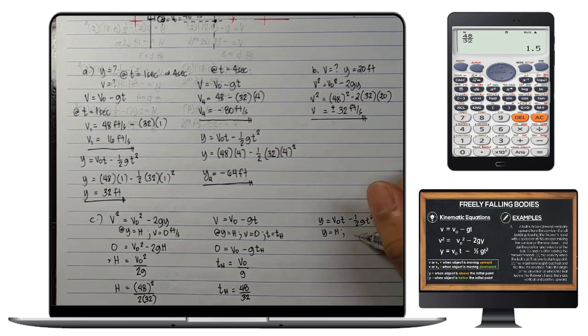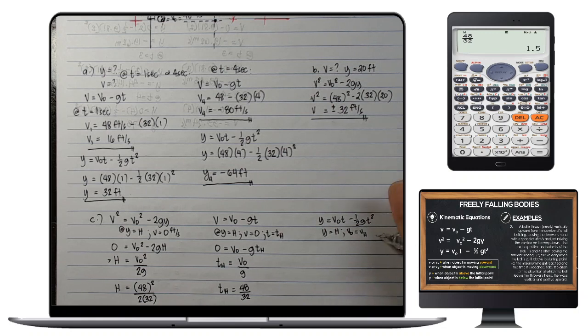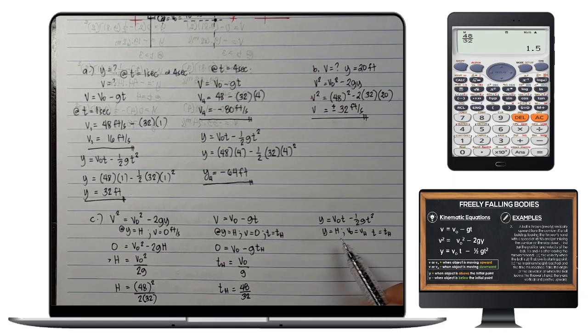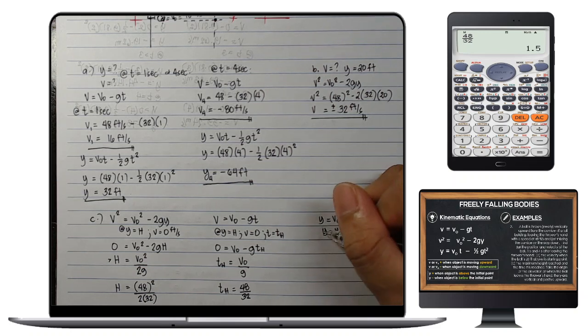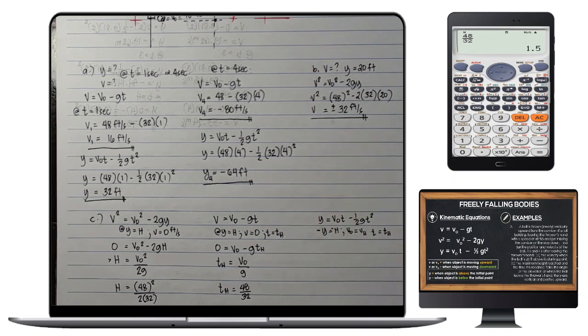So, yung V_0 natin is equal to V sub h or the velocity at the maximum height. Then, yung time natin is equal to T sub h. So, again, using this formula, since yung y natin is below the maximum height, nasa ilalim siya, so we will use negative. So, negative yung value na ating gagamitin.